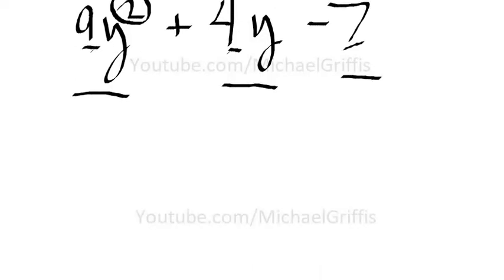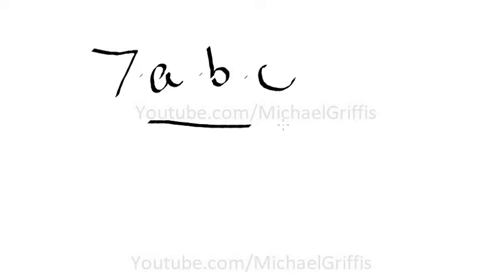All right, let's take a look at another polynomial. What about 7 times a, or 7abc? Yes, that's a polynomial. What are its terms? Well, because this is all multiplication here, it has one term, and the term is 7 times a times b times c. The coefficient is 7.